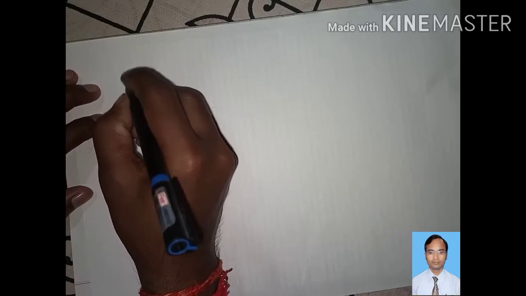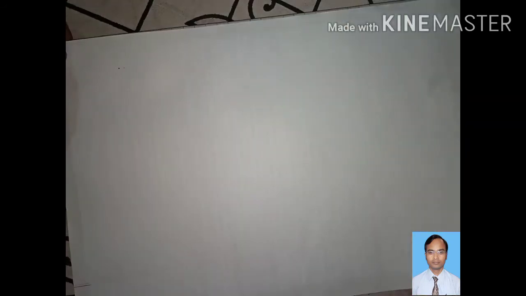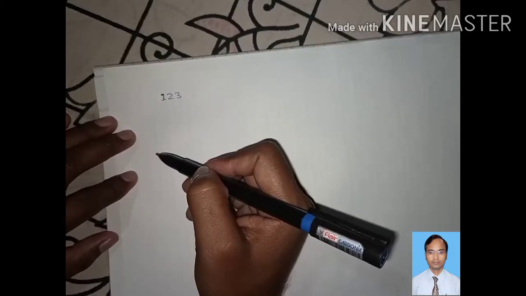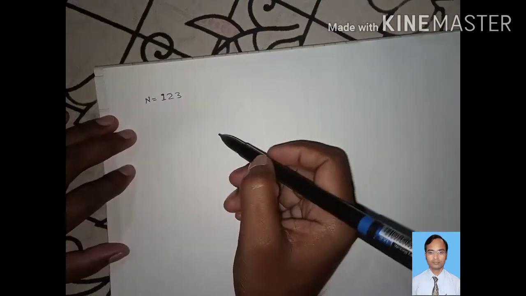Digit separation. First, what is this digit separation? Digit separation means like this. Suppose I'm taking a number, like 123. This is my number. Suppose n is equal to 123.